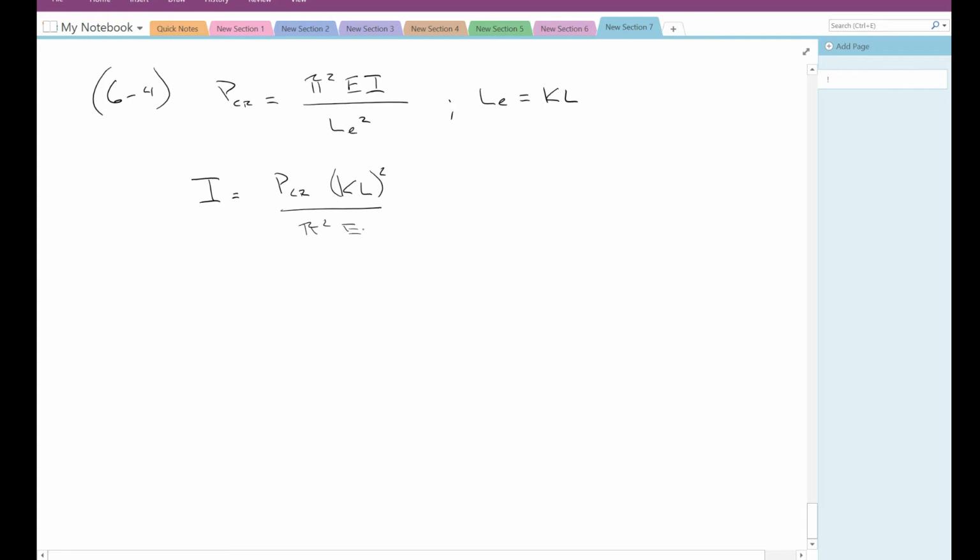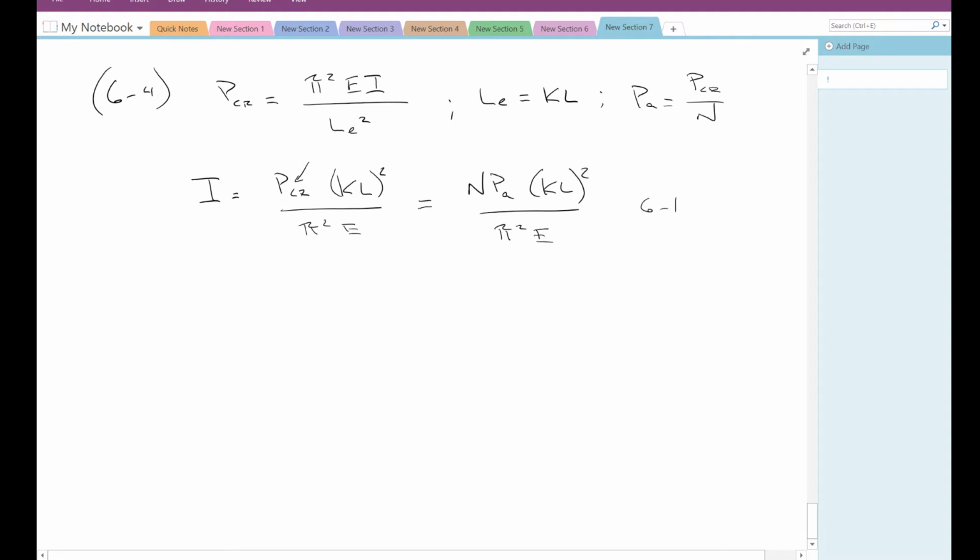Now, if we recall that our allowable load is equal to our critical load divided by our design factor n, we can replace our critical load here with n times our allowable load times quantity KL squared divided by pi squared modulus of elasticity.